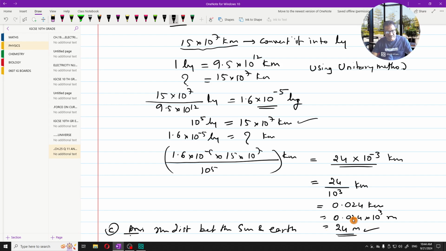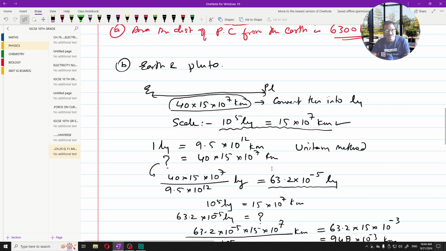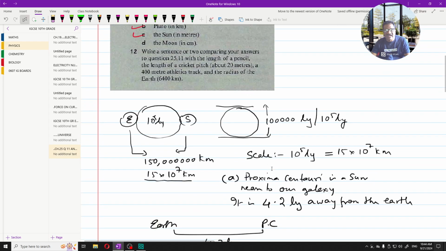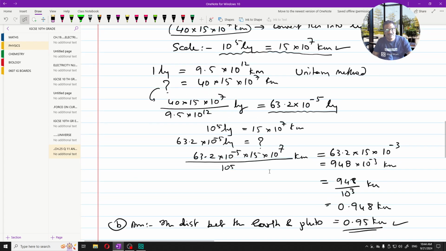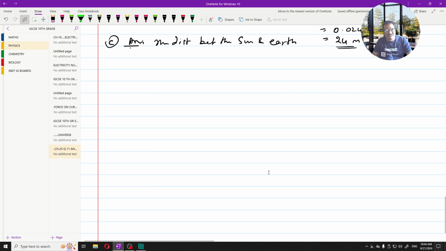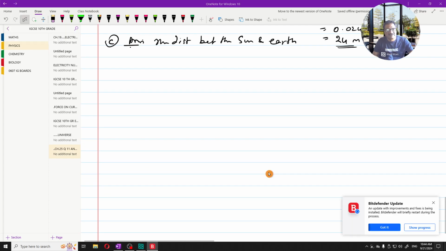Okay, so that was C part of the question that we did, and now let us do the D part of the question. And D question is, you have to find the distance between the moon and the earth. Okay, moon and the earth this time, and that too in centimeters, right? So let us come to this D part of the question.